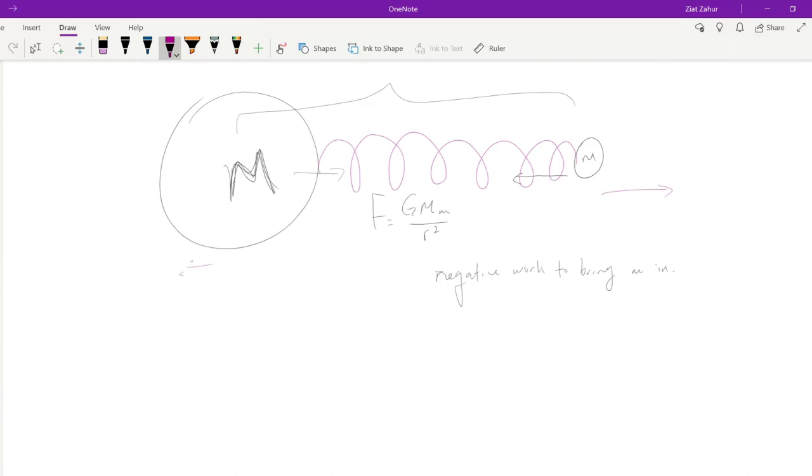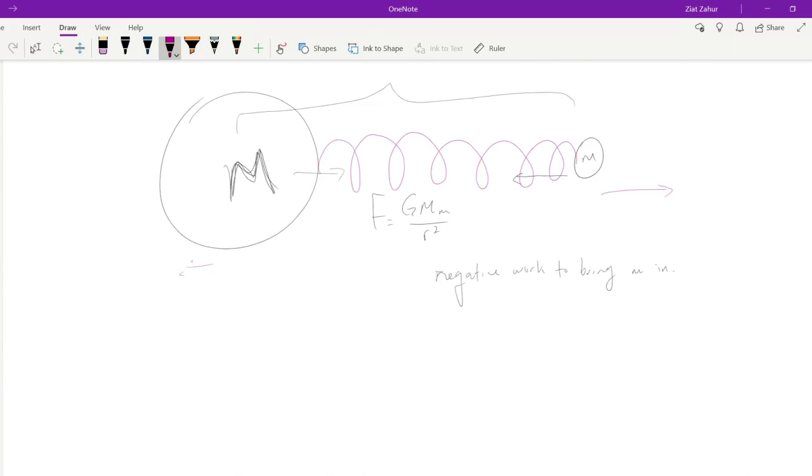Bringing it in is the same as allowing the spring to go back to its natural length, go back to equilibrium. So if you're allowing the spring to just collapse back into its natural length, then you're doing negative work, right?